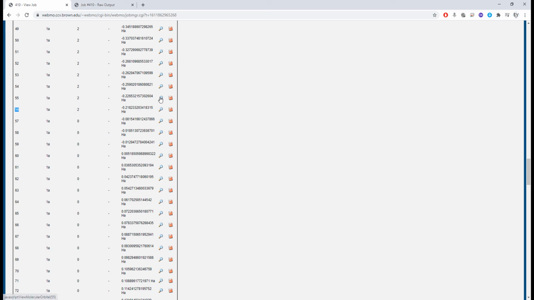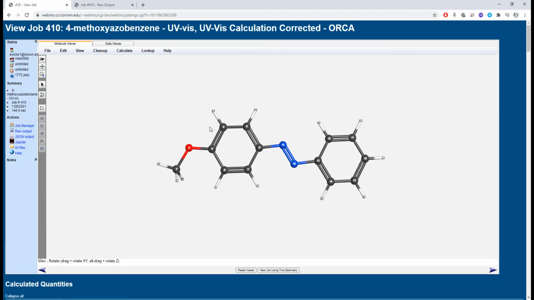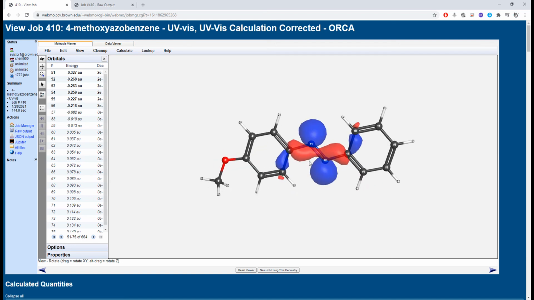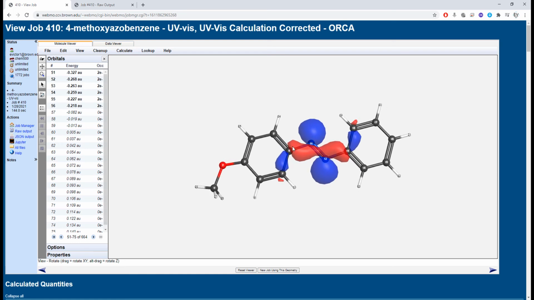If we look at 55, that's the one below the HOMO orbital in this case. So we can just go here and work our way through, right? We have 55, and we can see that this is primarily a sigma bonding orbital between the bridging nitrogen species right there.